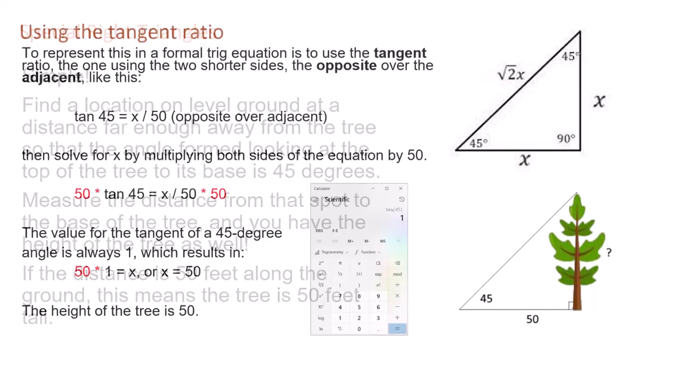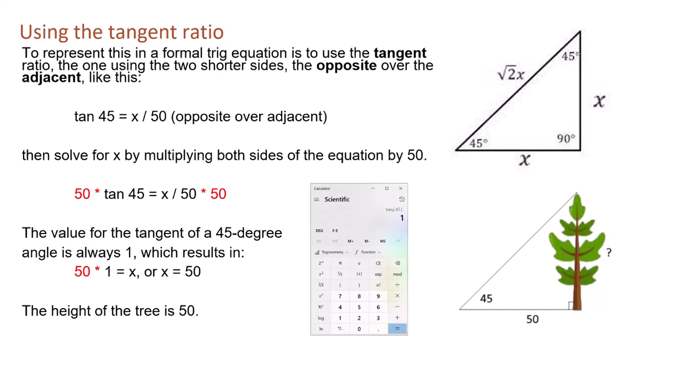To represent this in a formal trig equation is to use the tangent ratio, the one using the two shorter sides, the opposite over the adjacent, like this. Tangent of 45 is equal to x divided by 50, opposite over adjacent.